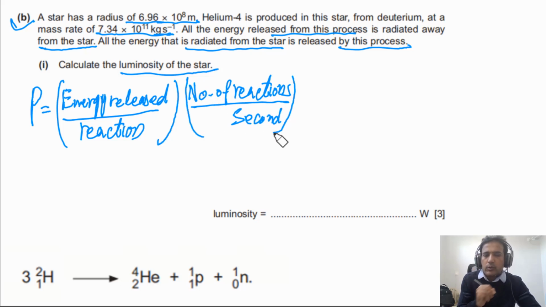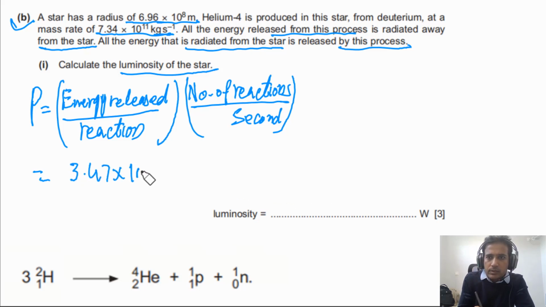So these are the points. Now the energy released per reaction we have already calculated in the last part, that was 3.47 times 10 to the minus 12. So this one we have.